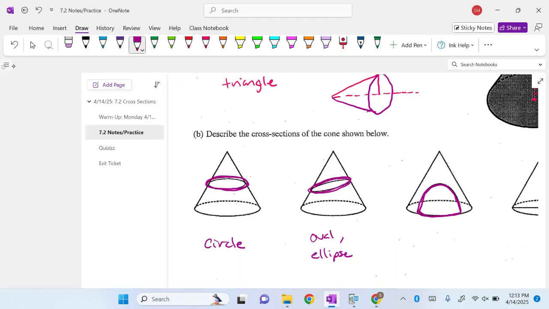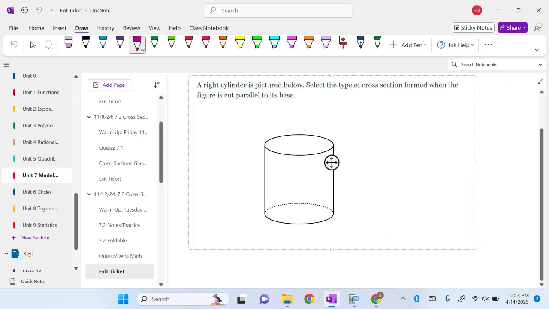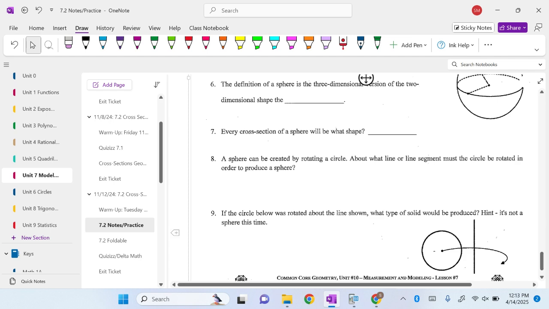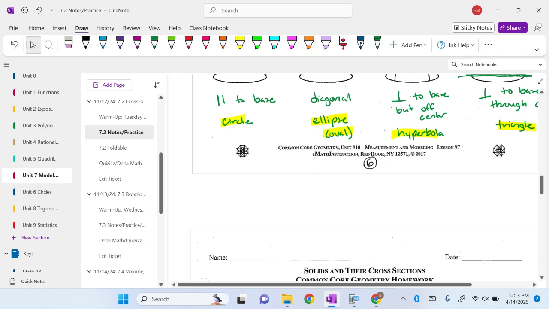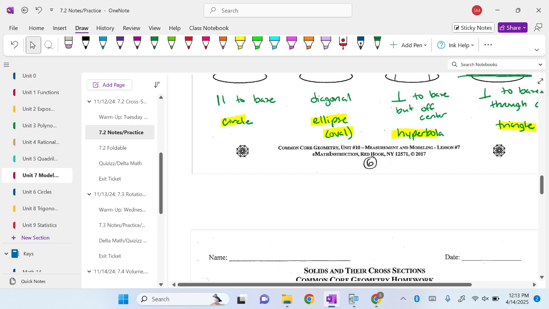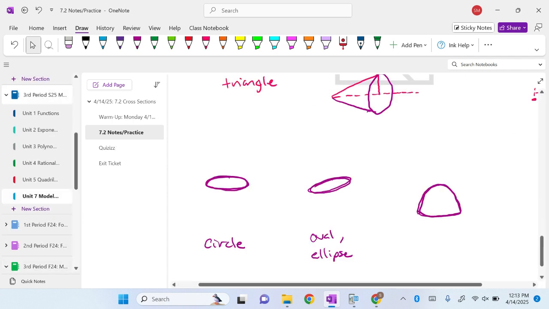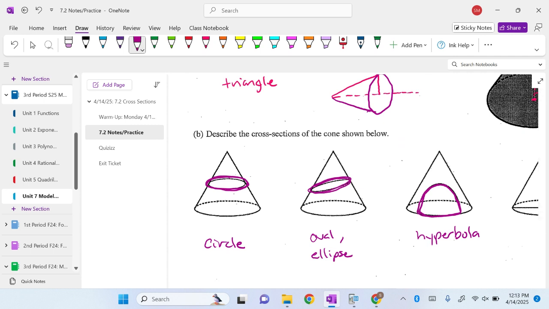It's a very, very weird one. It's called a hyperbola. All right. So this is called a hyperbola. So it could be we cut diagonally through the base, but it's not center.